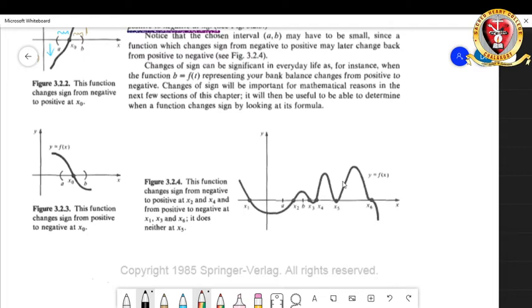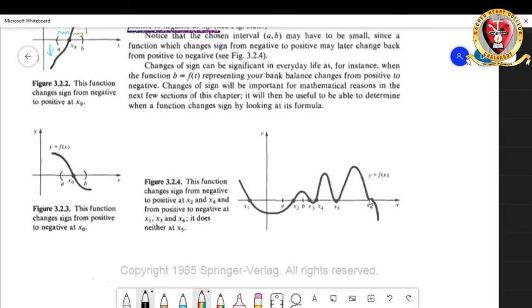And you can verify the change in sign for this graph. Here you have x1, so the function changes from positive to negative at x1, the function changes from negative to positive at x2, the function changes from positive to negative at x3, the function changes from negative to positive at x4, the function does not change at x5 because it is positive, and again it remains positive, right?